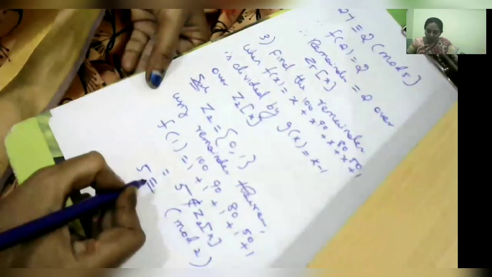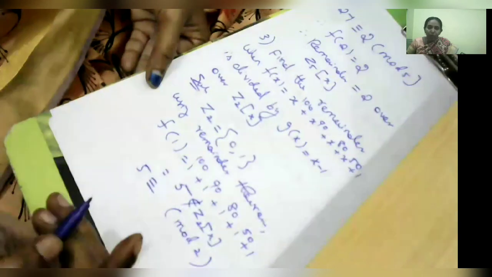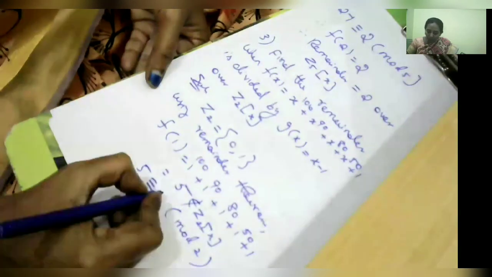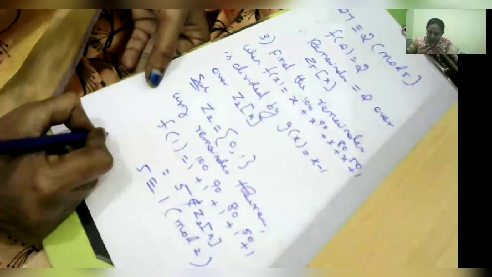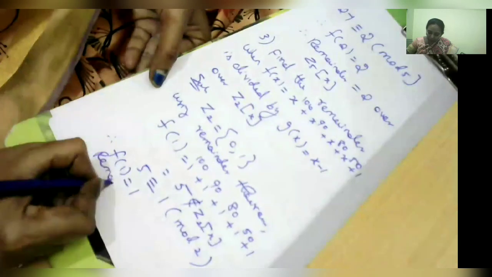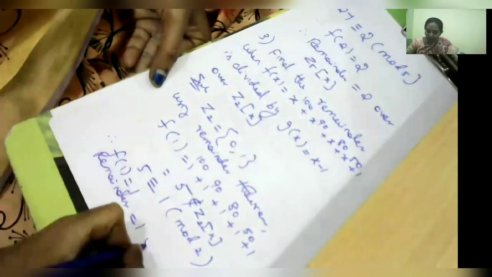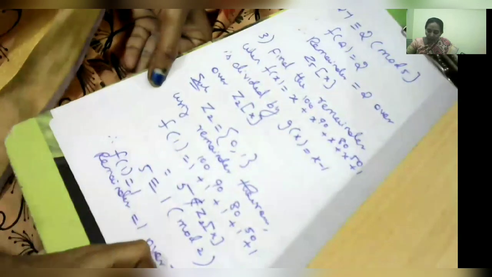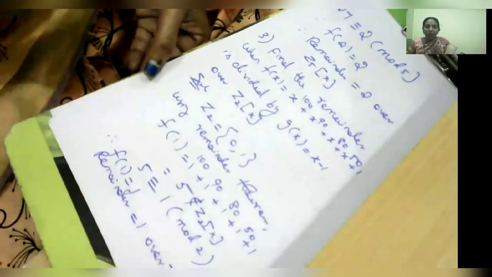After dividing 5 by 2, the quotient is 2 and the remainder is 1. So f of 1 is not 5, it is 1. Therefore we have got the remainder equal to 1 over Z2 of x.